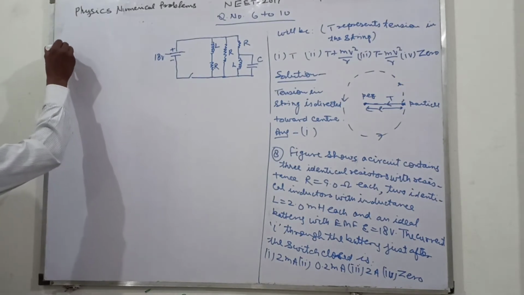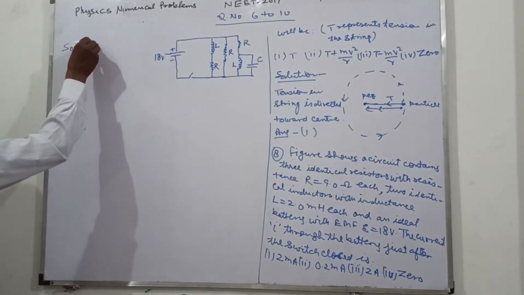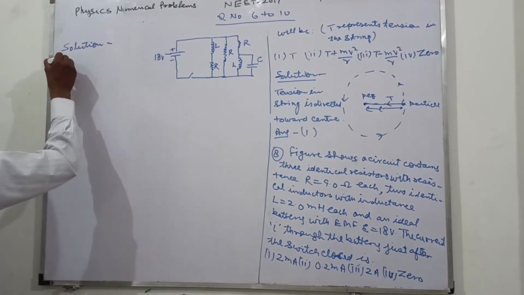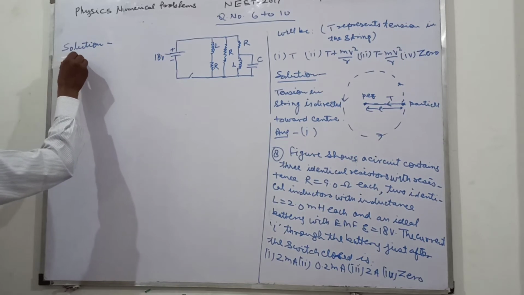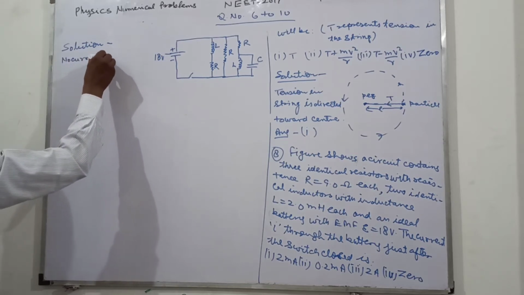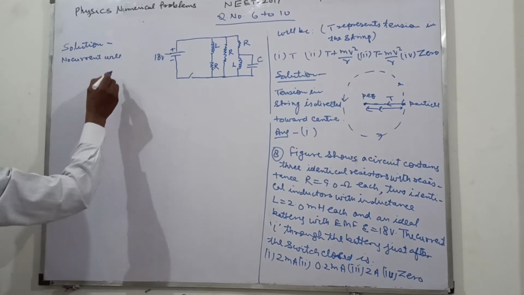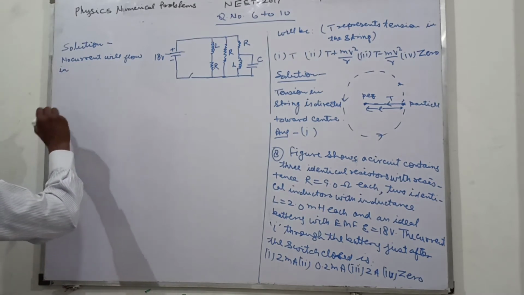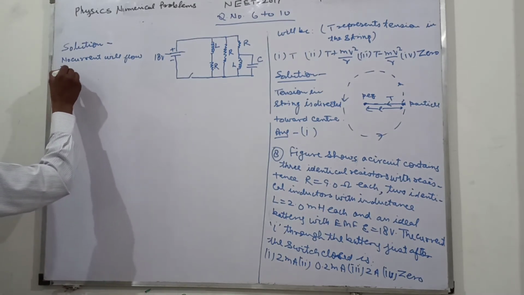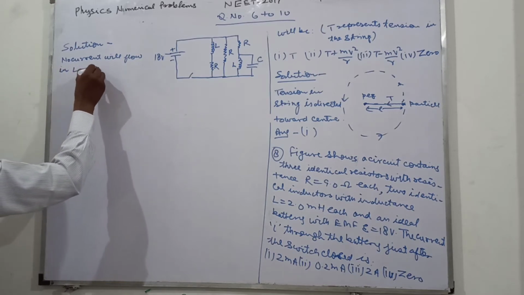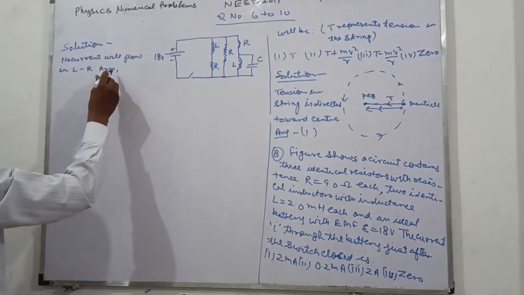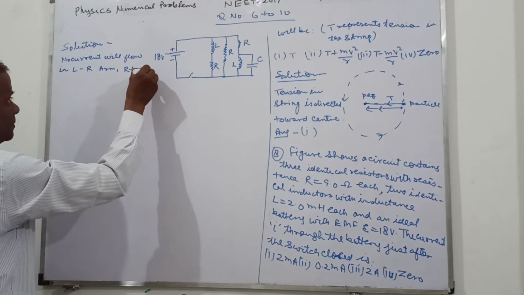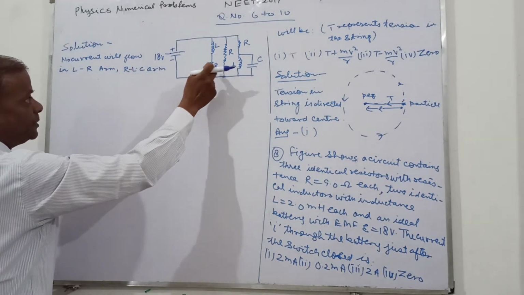So now the solution. No current will flow in the LR arm and in the R, L, C, R arm. In this there will be no current. So what is left?